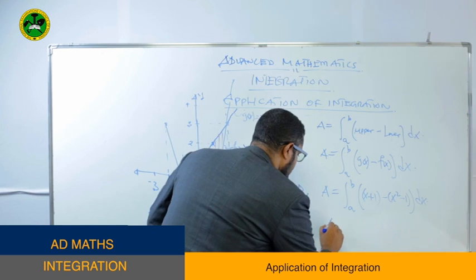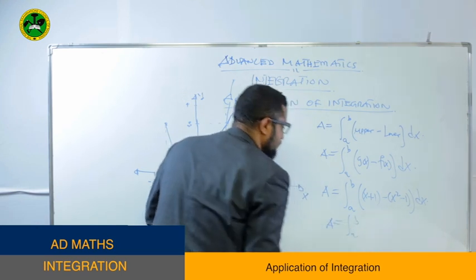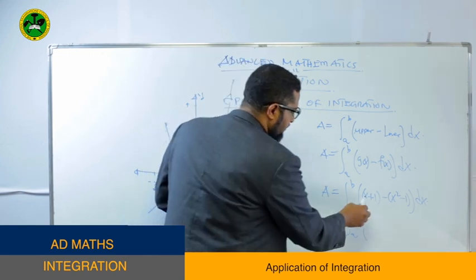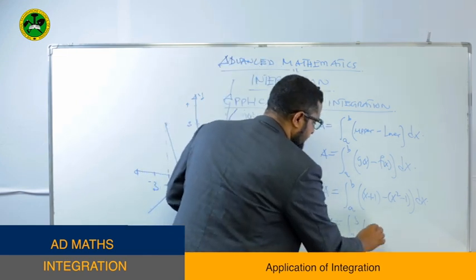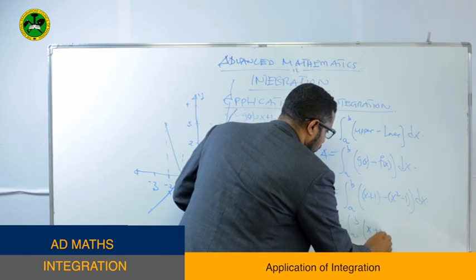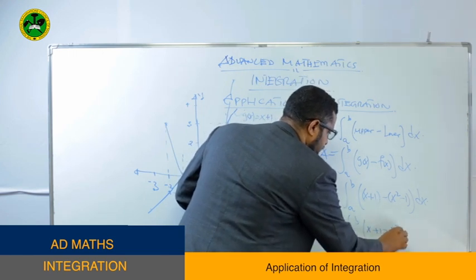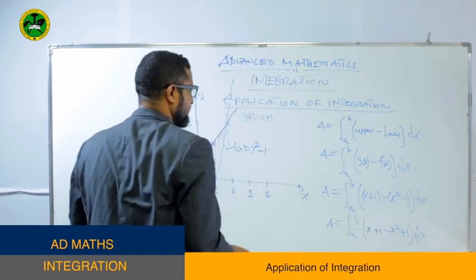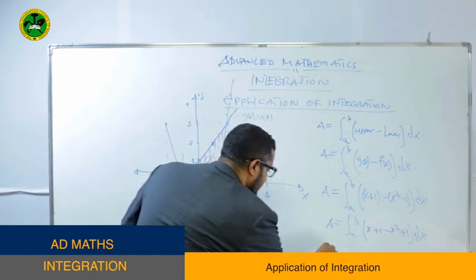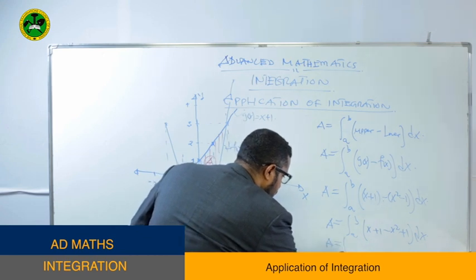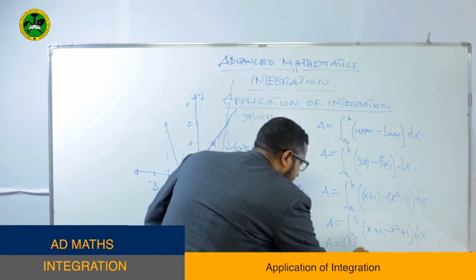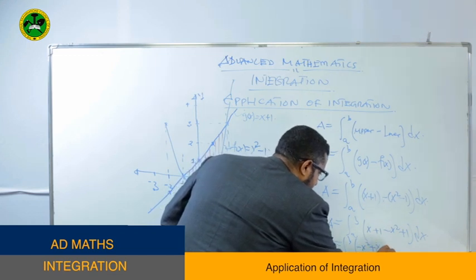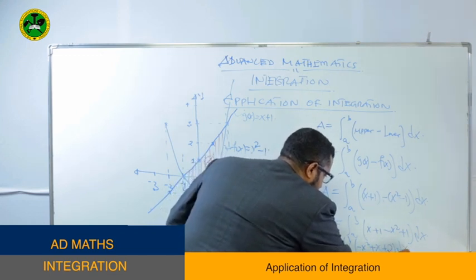So simplifying, we'll be having the integral from A to B. Now when you open the bracket, this one becomes x as it is plus 1, then minus x squared plus 1 dx. So the area will be equal to the integral from A to B of negative x squared plus x plus 2 dx.